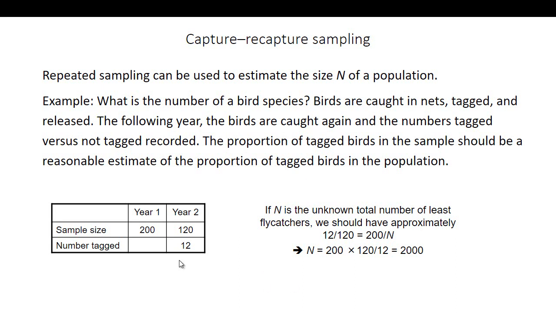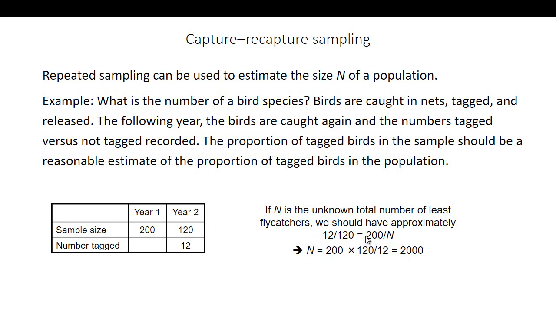Sorry, I think I said something wrong. So in year two we caught 120 birds and 12 of them were tagged. So the proportion of tagged birds in the sample in year two would be 12 over 120, and that should be about the same as the proportion of tagged birds in the entire population.